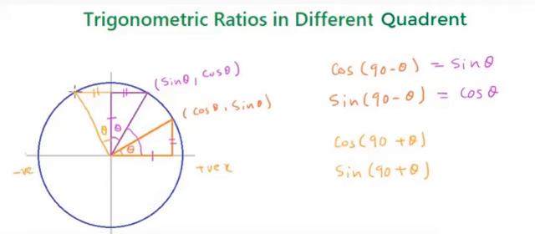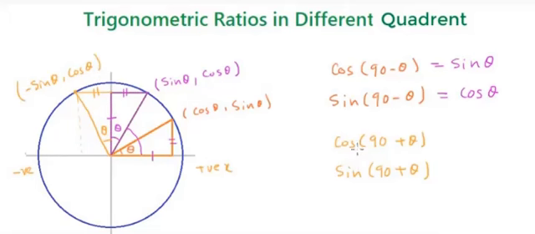That means the coordinates of this point will actually be equal to this much length on the x-axis, which is equal to this length on the y-axis, which is equal to sine theta. That means the coordinates of this point will be equal to minus sine theta, because this is on the negative x-axis, and cos theta, because this is the positive axis, right?